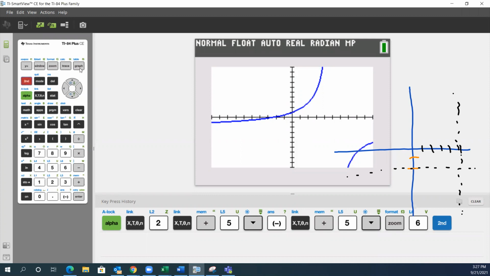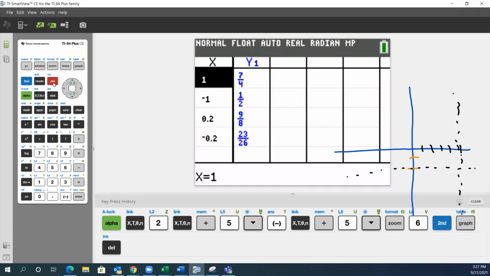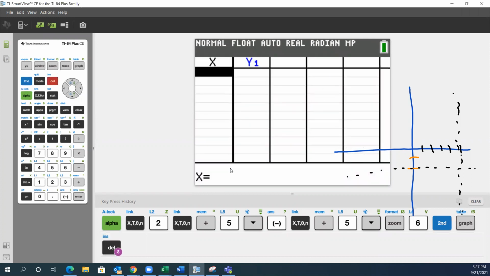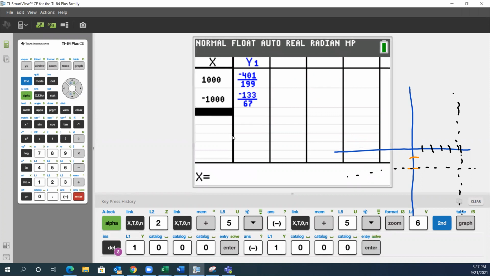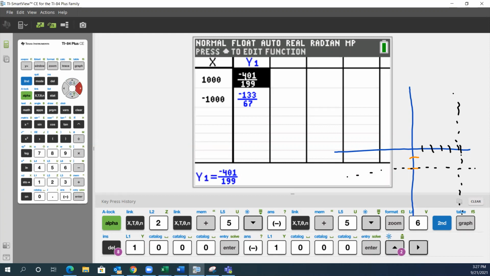So I'm going to go to the table and delete these, and ask what's going on with the function really far off to the sides, maybe at x equals 1,000 and -1,000. Well, -401 over 199, that's really close to -2, to be honest. And this one here is really close to -2.